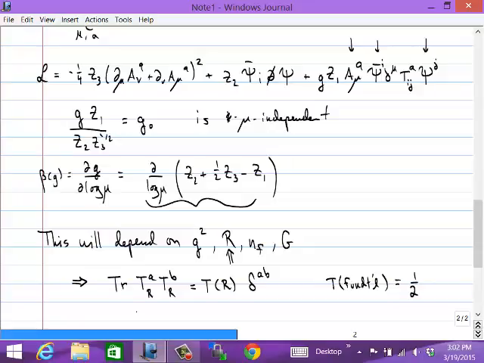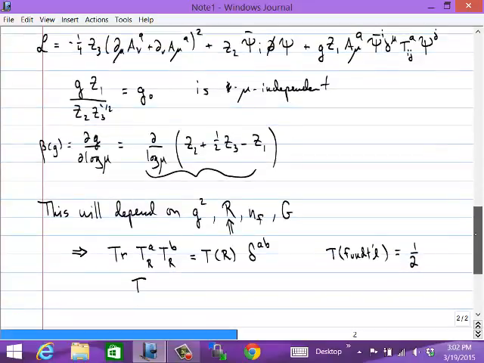And the other number associated with a representation is the quadratic Casimir. So that's what you get if you take all of the T matrices and you square them and sum over A. You get something, again, proportional to the identity matrix, now acting on this representation theory index, with a constant that's called the quadratic Casimir C that depends on the representation.